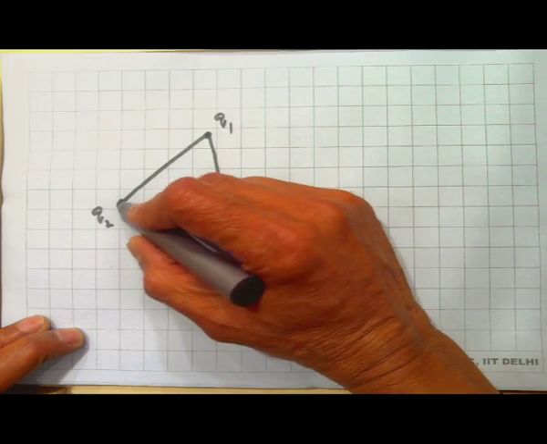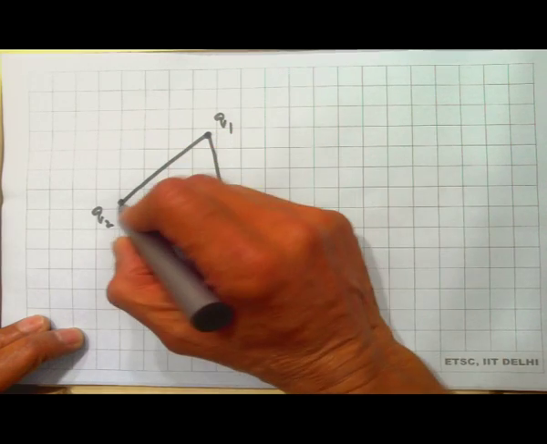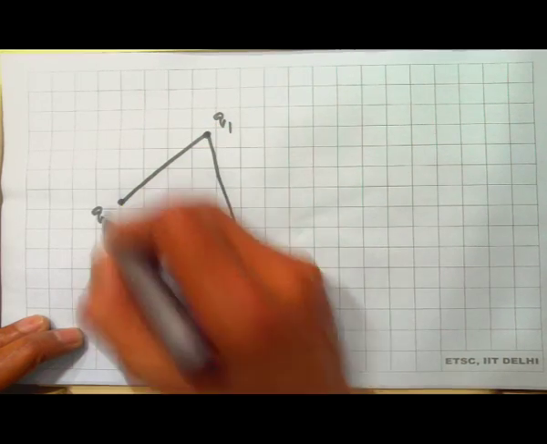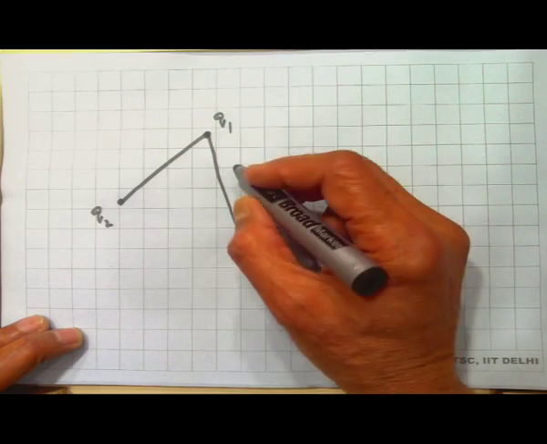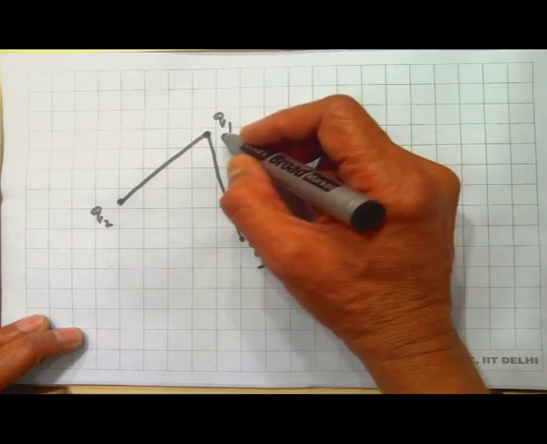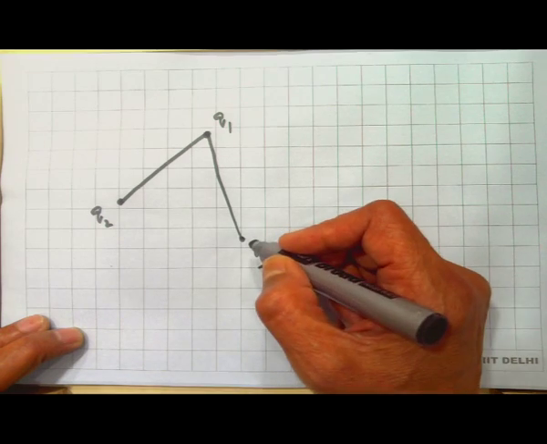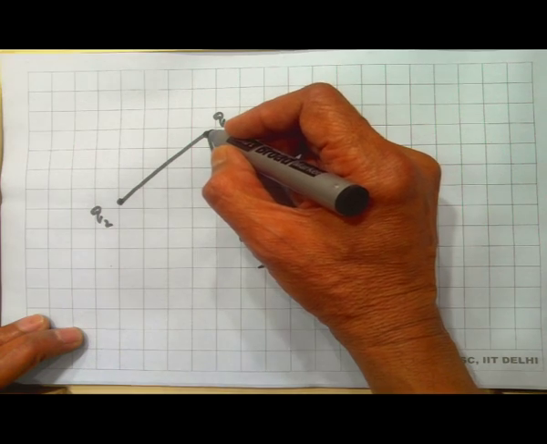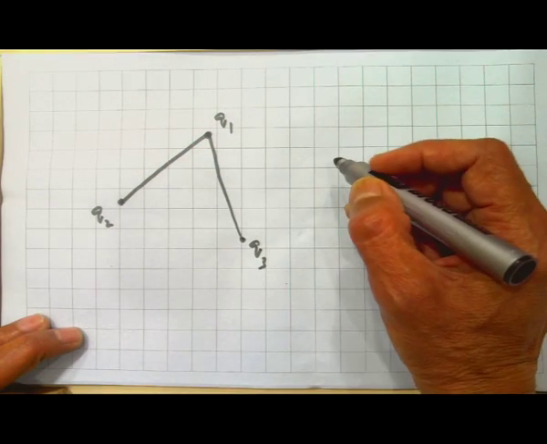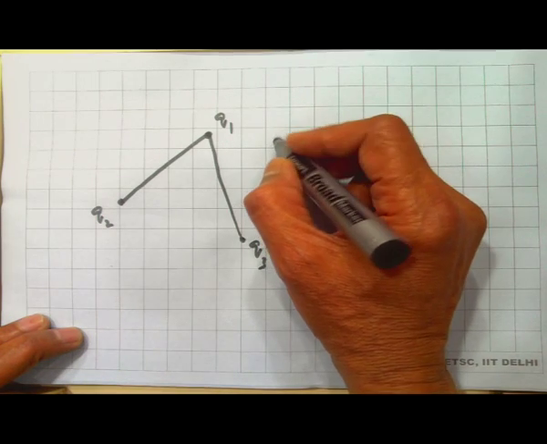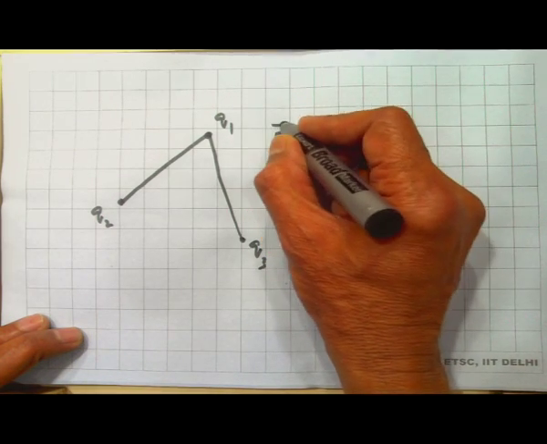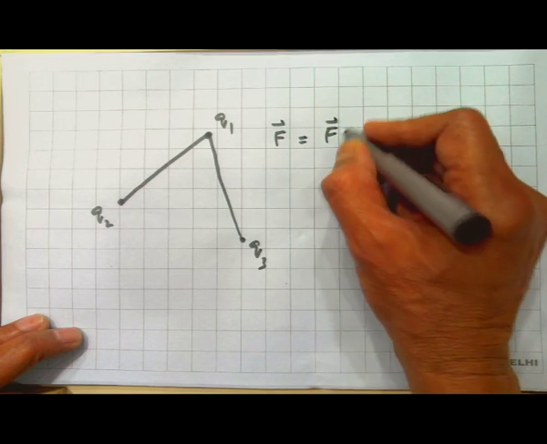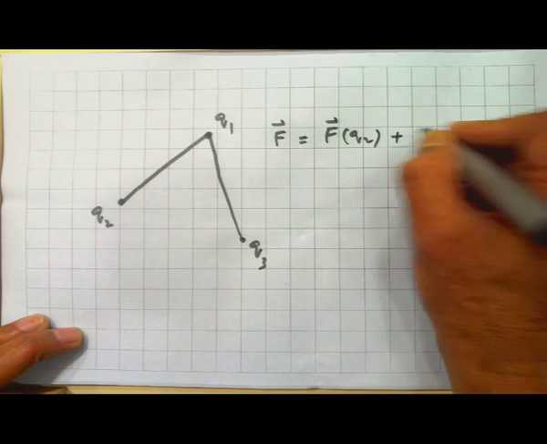So, the force on the charge q1 because of q2 is the same as given by Coulomb's law in the absence of q3. Similarly, the charge q3 has a force on q1 irrespective of the presence of q2. So, we can write the total force on the charge q1 as the sum of the force due to q2 and the force due to q3.